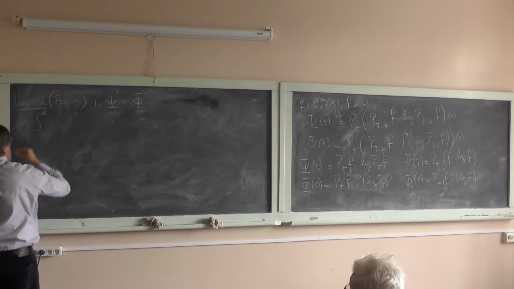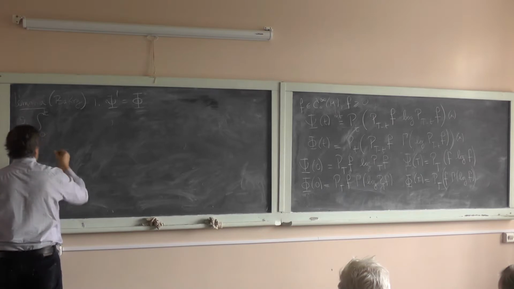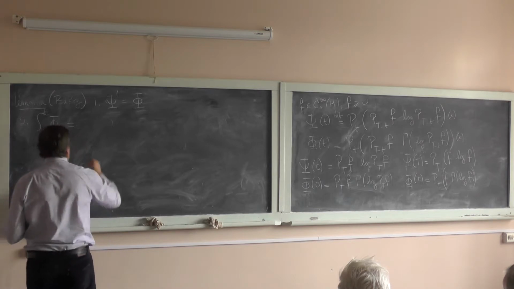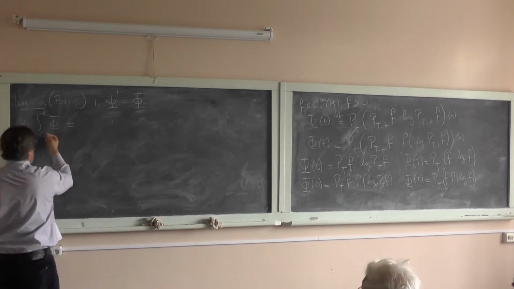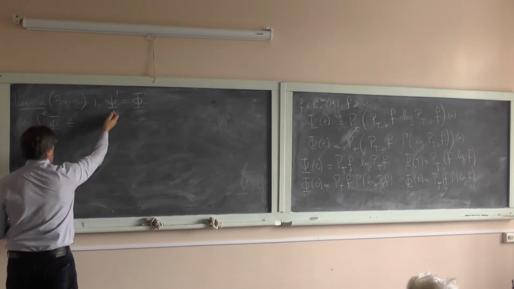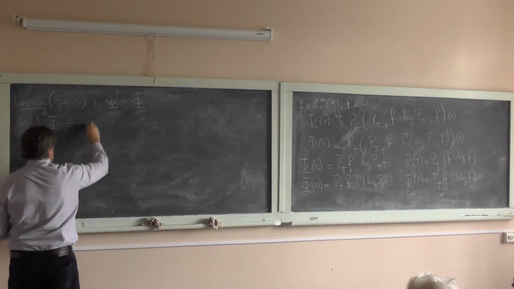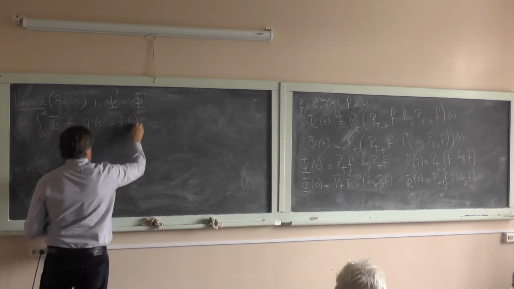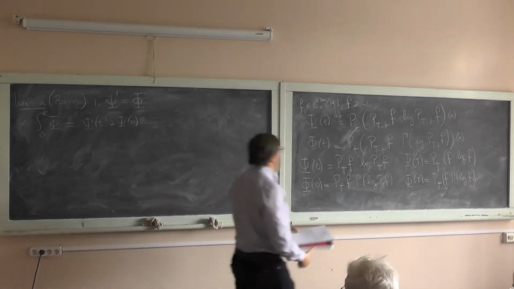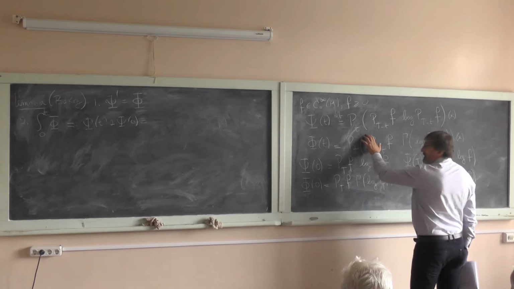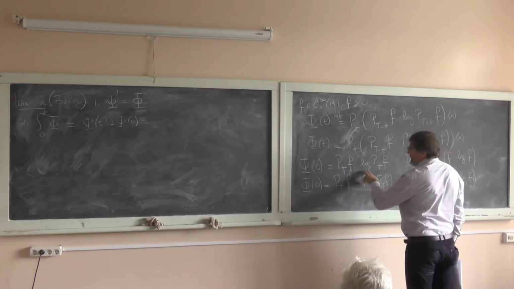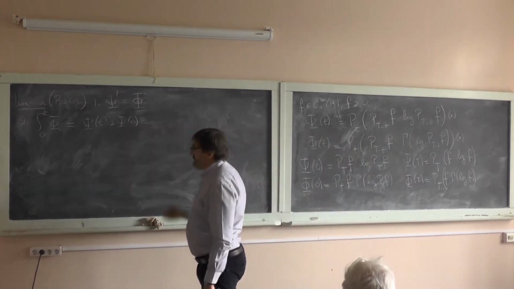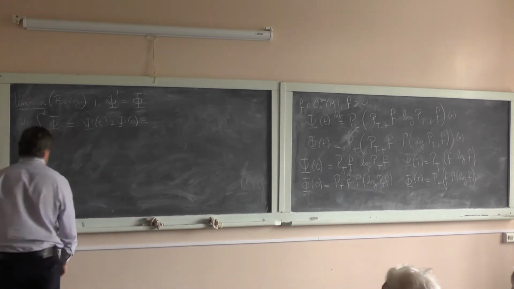So we take the integral between 0 and T of phi, and this is equal to, according to part 1, by the fundamental theorem of calculus, psi of T minus psi of 0. And now you just replace the value of psi of T, the definition, and psi of 0 is this one. So the statement is this. I will not write it, because it's just copying what is written on the blackboard.